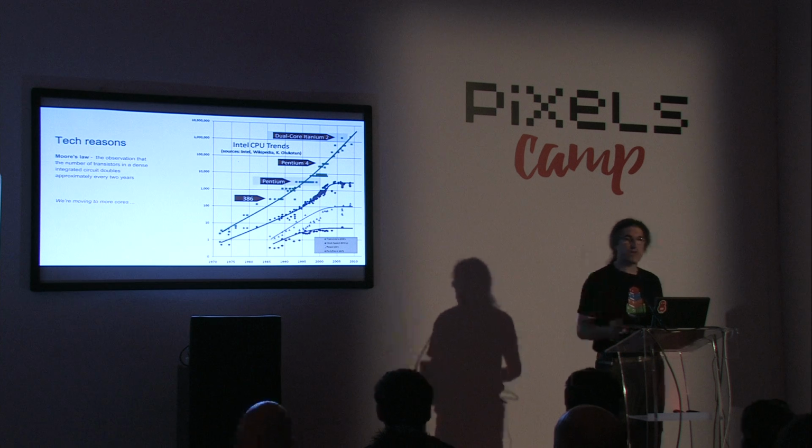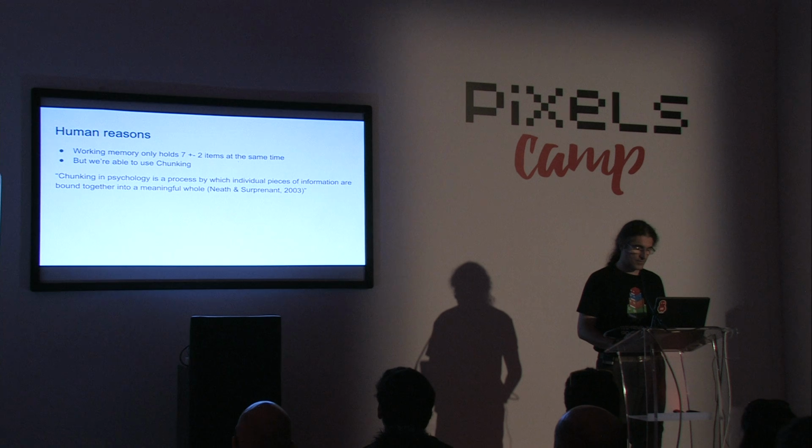And why? Because we are increasing the number of cores. So we can't really make the current technology faster and smaller, but we can increase the number of cores that a CPU has. So parallelization is a big issue.